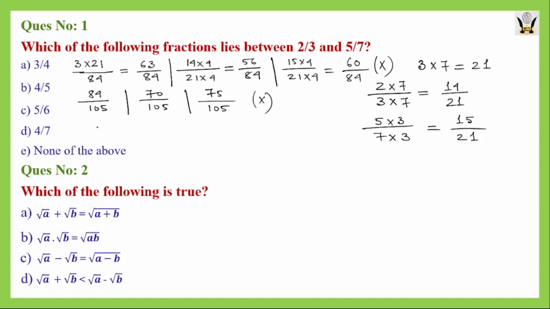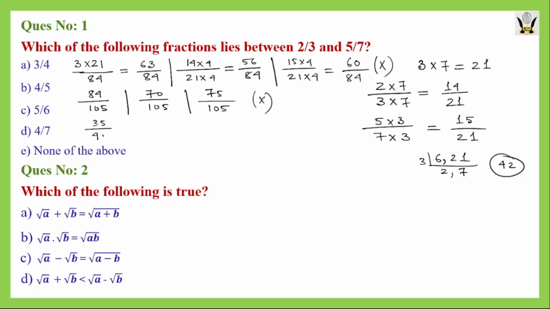Now 5/6, the third option. Between 6 and 21, if we take the LCM, they have a common factor: 6 is 2 times 3, and 21 is 3 times 7. So their LCM value will be 42. Now 42 divided by 6 is 7. 7 multiplied by 5 is 35.